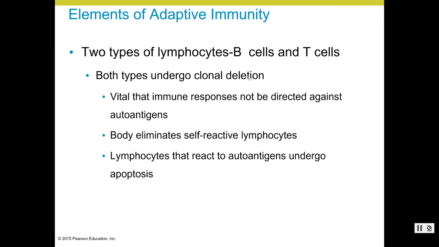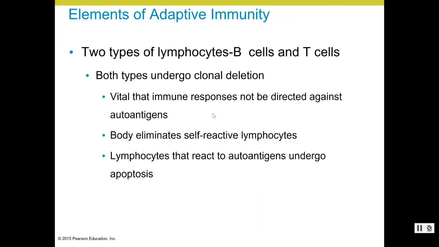We want to make absolutely sure that we are not the target. When they start attacking our own body cells, you get diseases like rheumatoid arthritis, lupus, and others. It is very hard to treat those. So we need to make sure first that the T cells are functional and can do their job, and second that they don't attack us. That's the whole purpose of what's happening in clonal deletion.